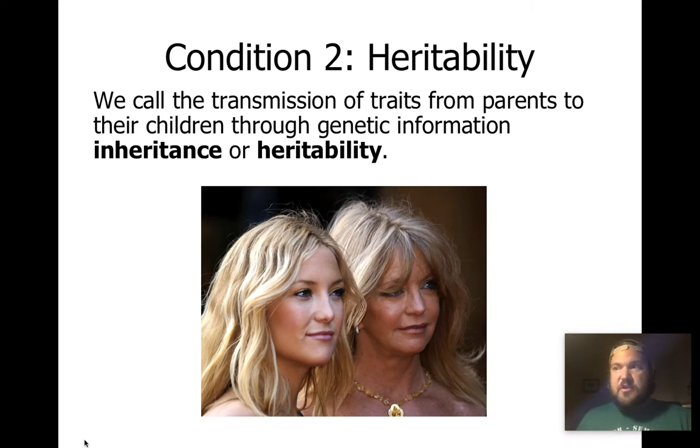And Darwin understood this, even though his ideas and his writings were several decades before Mendel came along. So the concept of heritability was not unknown to Darwin, but the mechanism, he had no idea. It was Mendel who figured that out, maybe 20 years after Darwin published his book.